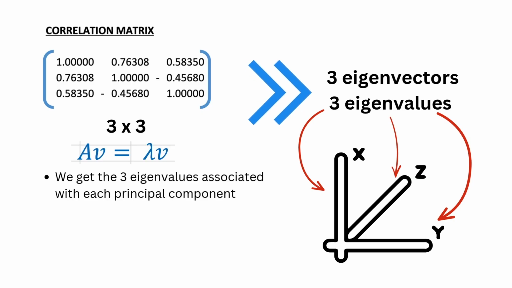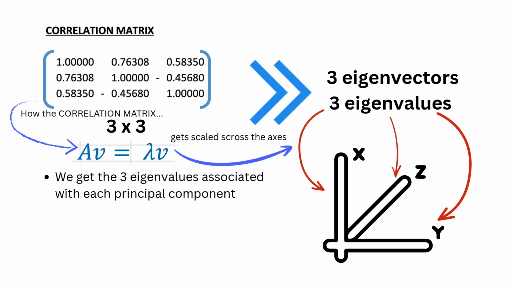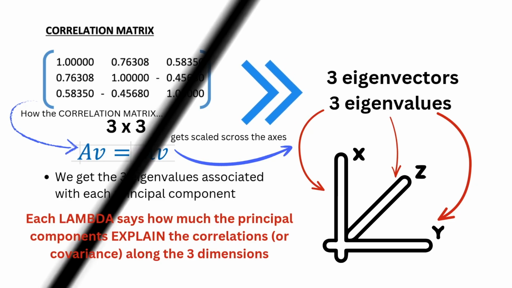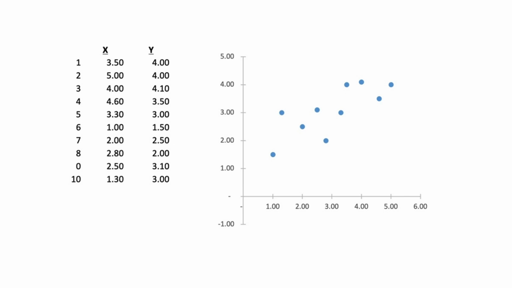We get and compare all the eigenvalues associated with each principal component, which tells us how much a particular correlation matrix gets scaled across these components, which then indicates how much the principal components explain the correlations or covariance across the n dimensions.